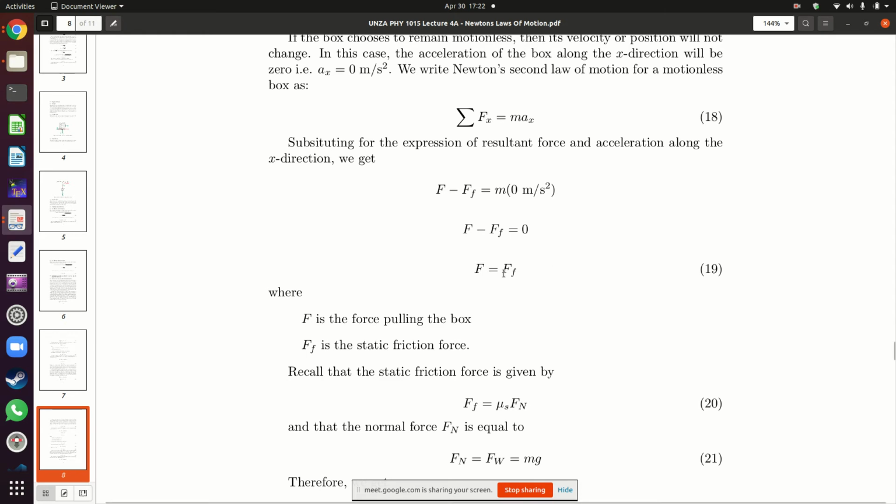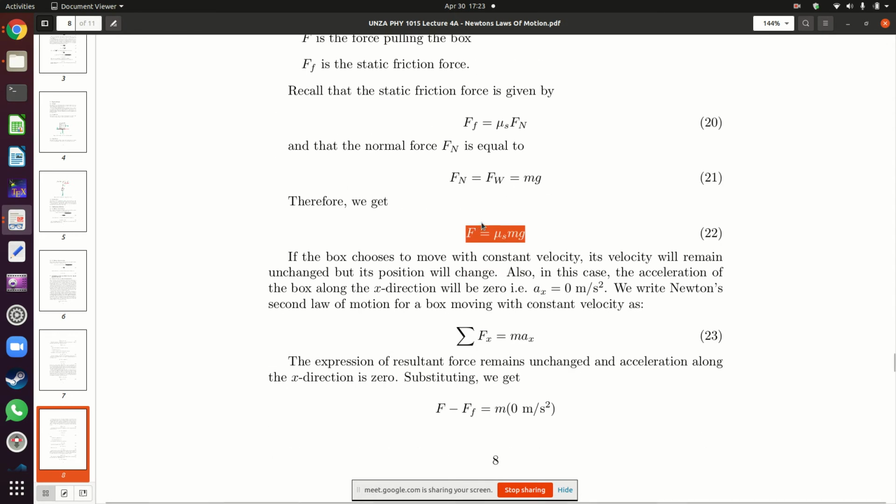Yes, sir. Okay. The other situation you can have is if the box decides to move, but it moves with constant velocity. In the case where the box is not moving, the position of the box does not change. So the box is in a particular position, it doesn't change.